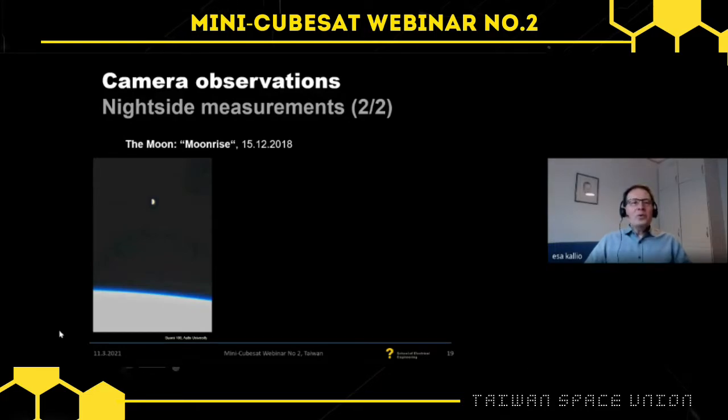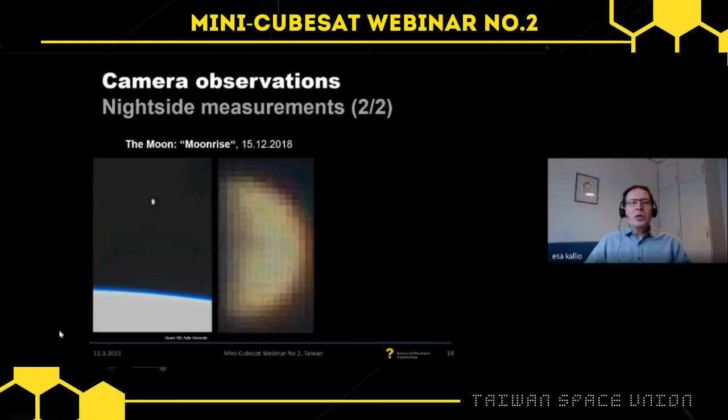Our goal was not to take good pictures of the moon, so the moon is quite a small spot in our wide-angle camera. But it's nice that we could still get many pixels, and we are now finishing a paper in which we compare our moon photograph to a simulated moon image.